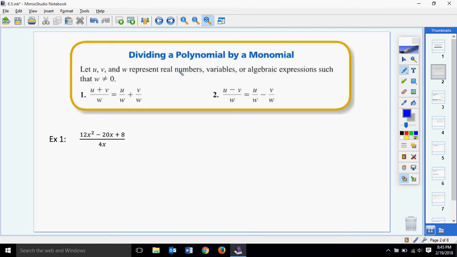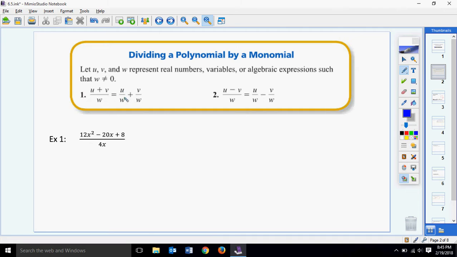So first off, just dividing a polynomial by a monomial. Remember, a monomial is one term. So U and V and W can be numbers, they can be variables, they can be algebraic expressions. Now, I want you to keep in mind that if we're taking an expression that's two things added and we're dividing it by a single monomial expression, that means we can break it up.